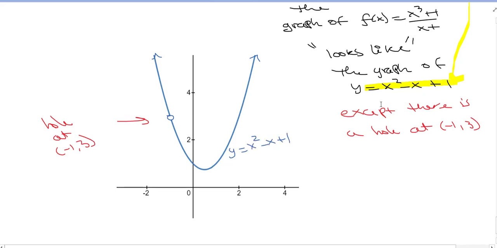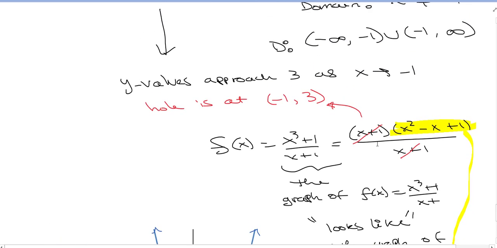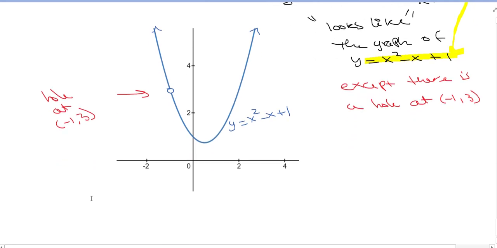So that's what I mean by looks like. When you're able to cancel off a term, what's left over is what your graph looks like, but we retain the domain of the original function. This function, my f of x, the domain does not include -1. So the domain is -infinity to -1, union -1 to infinity. So my graph looks like that quadratic, but we retain the domain of our original function.